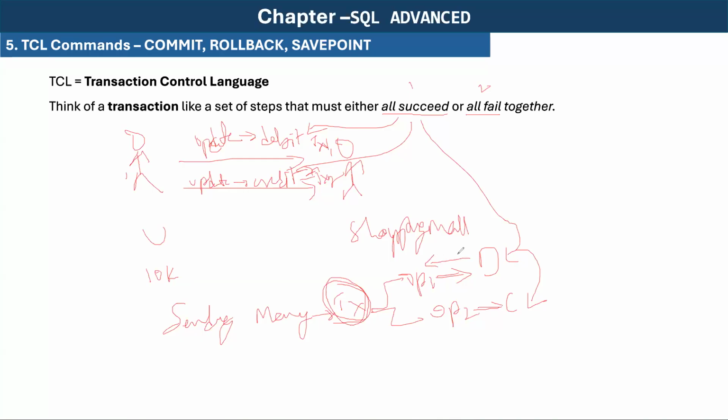Either all should succeed or all should fail. In this second case, both fail because the receiver bank server is down, so the first operation also has to fail and the amount has to be rolled back to the previous state. This is the statement I was talking about: either all operations in a transaction succeed, or all of them fail. I hope this makes sense.